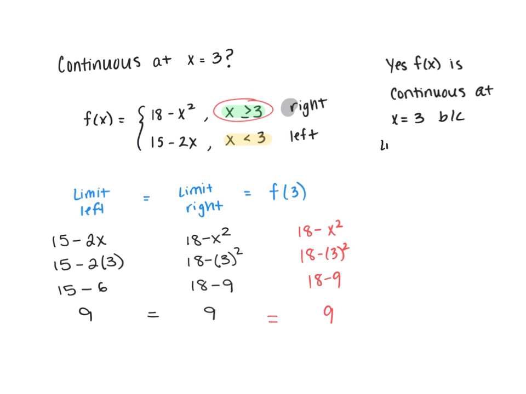Because the limit as x approaches 3 of f of x from the left minus is equal to the limit as x approaches 3 from the right of f of x, which is equal, I should have moved this over, sorry. So I'll put it over here, equals f of 3. So since all three things are equal, we know the function is continuous.